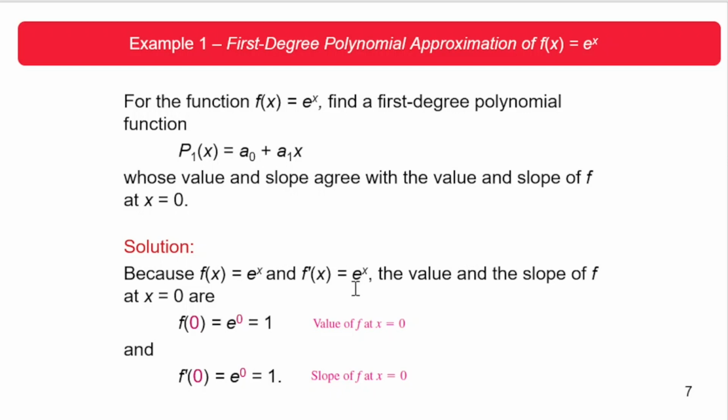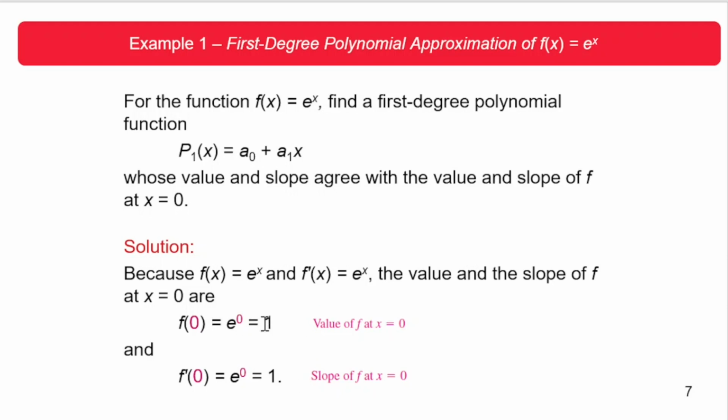The value and the slope of the function at x equals 0 can be obtained by substitution. The value of the function at 0 is e to the 0, or 1, and the value of the first derivative at 0 is also e to the 0, which is equal to 1.